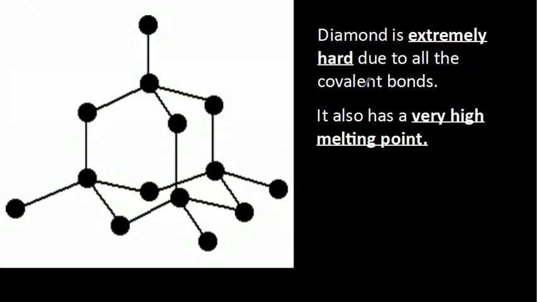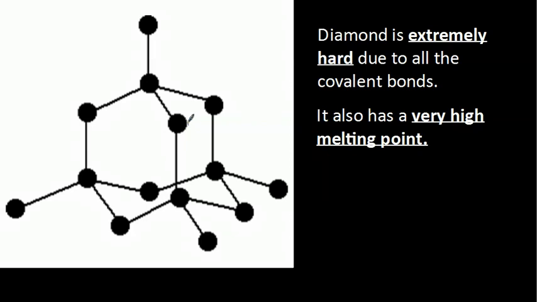Now diamond is extremely hard because of these covalent bonds. There are so many of them, and they are also very, very strong. If they're very, very strong, they're very, very hard to break. If they're very hard to break, then it means that diamond is going to be extremely hard.